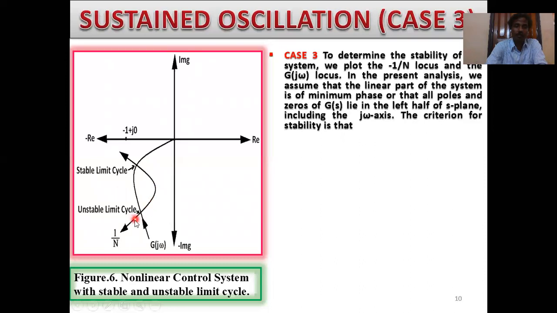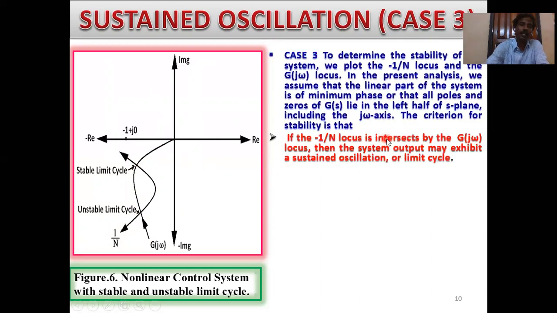This is the minus 1 by N locus and the z omega locus. In the present analysis, we assume that the linear part of the system is minimum phase. That means all the poles and zeros are in the left half of the S-plane, including the j omega axis. The criterion for stability is, for what condition will this be sustained oscillation?